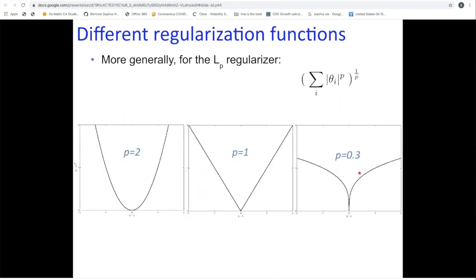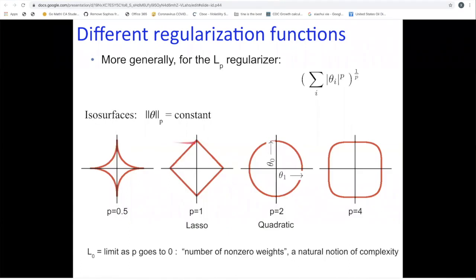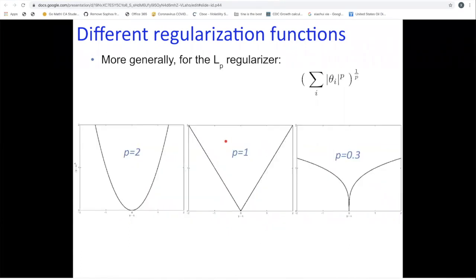All right, so in terms of the functional form, the ones I showed you here are the isosurfaces in 2 dimensions. In the one-dimensional space, it would look something like this. This is p equal to 2 here, which is simply x squared, right?